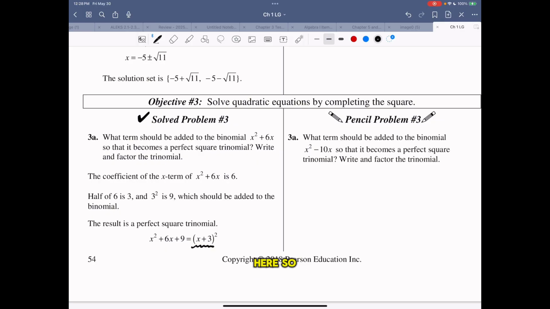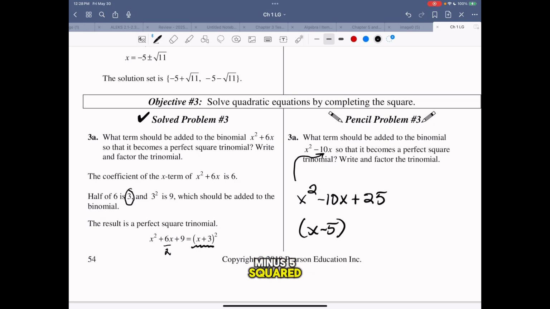So you see right here, if I take half of the middle term, I'm going to get 3. So all you do is apply that here. So if I take half of 10, and then I square it, I'm going to get plus 25. So I can rewrite this as x minus 5 squared.